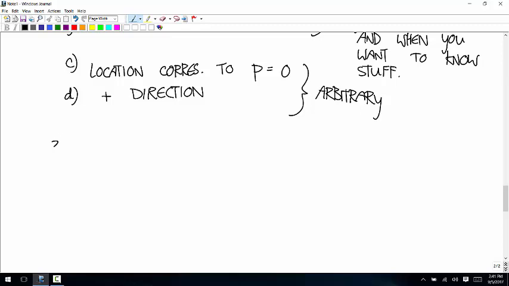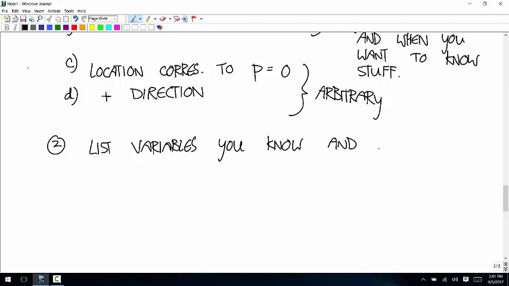The second step is to list out all the variables you know and all the variables you want to find. I would say list the variables you know and a single variable you want to find. You can only find one at a time.